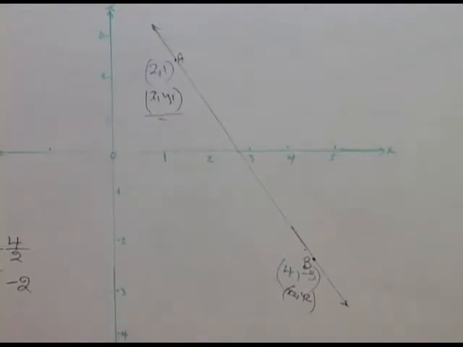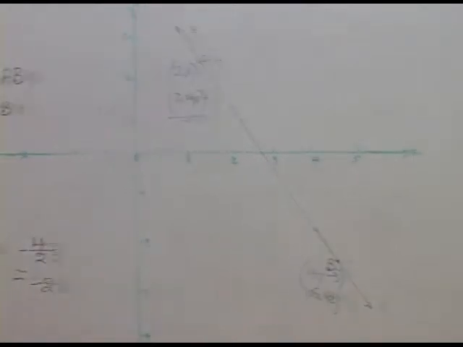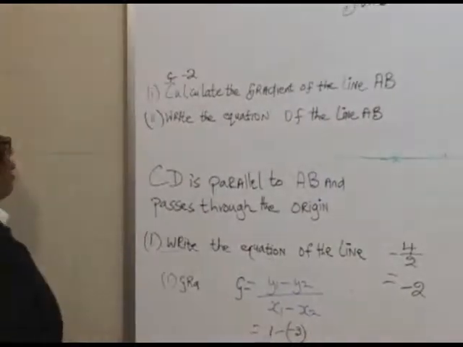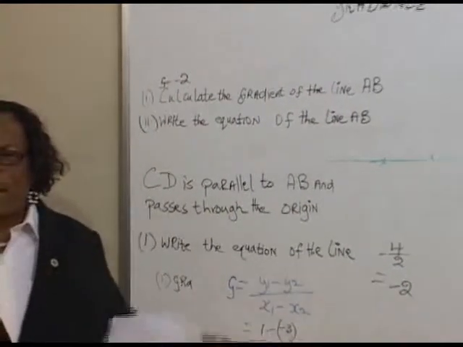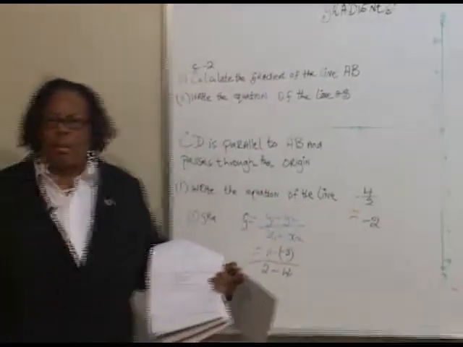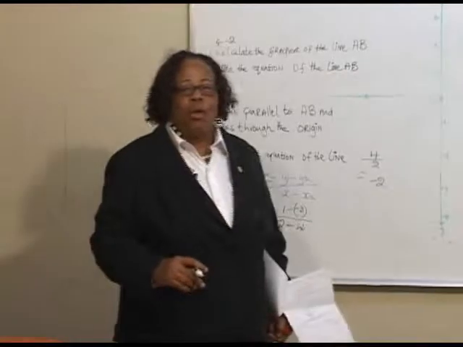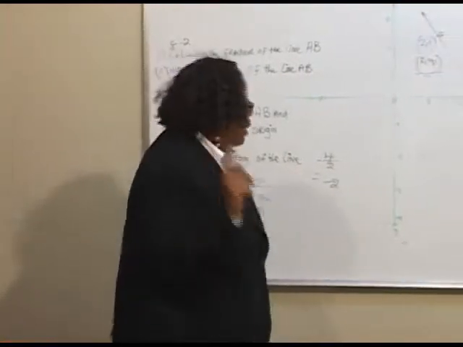Our next question says, write the equation of the line. Okay? Write the equation of the line. And what do we have? Do we know anything about a general form for an equation? And what are we saying? Yes, we do have the general form for the equation. What is it? Good.